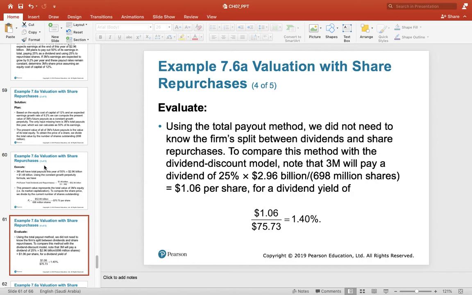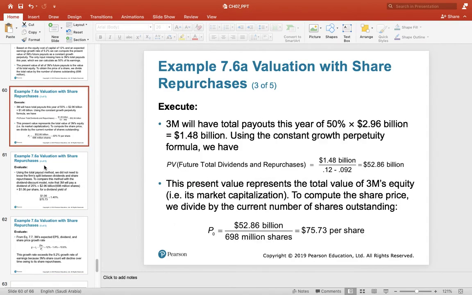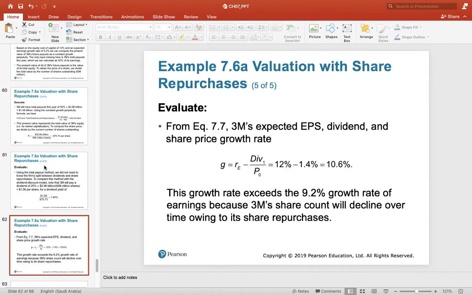The total yield is equal to the dividend yield plus the capital gain yield, and the capital gain yield increased here. How? The growth came to 10.6%, but the previous growth was 9.2%. So growth increased by 1.4%. Why? Because the number of shares reduced because of the buyback of shares.